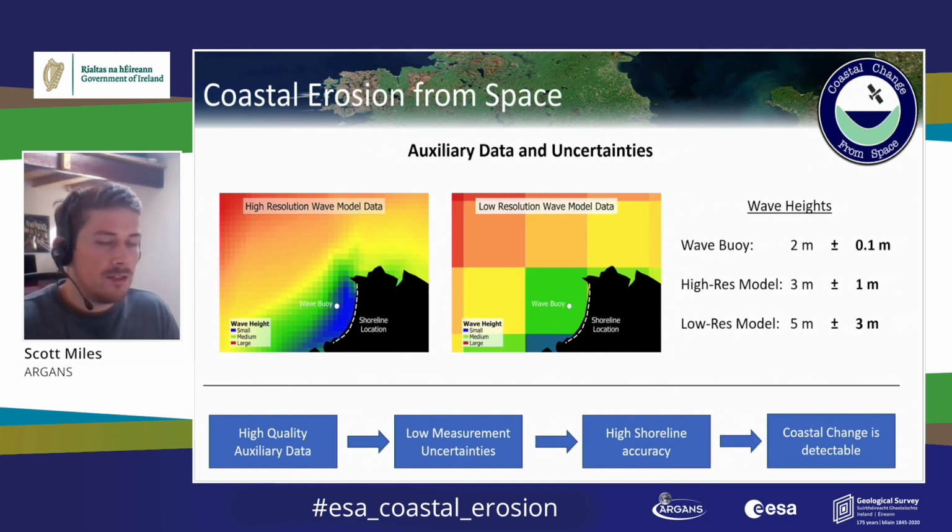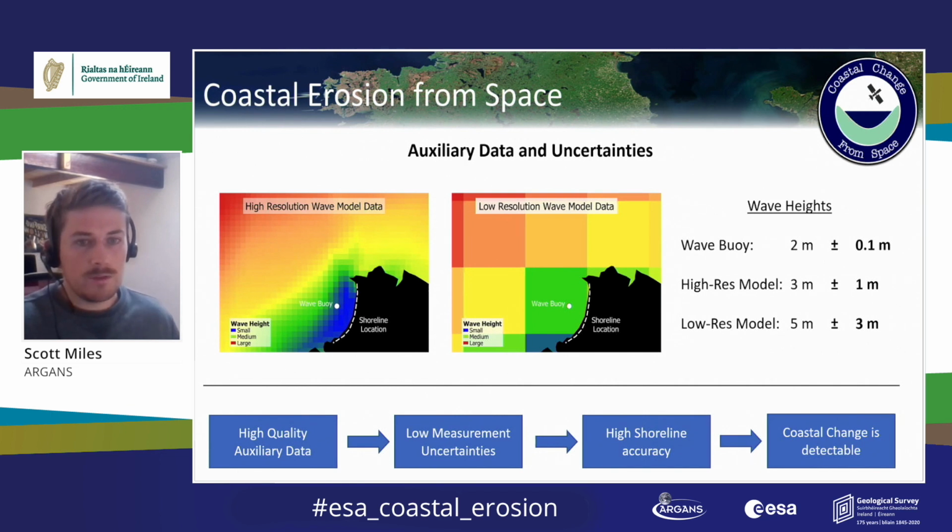Each of the auxiliary data sources we use, the waves, the water level, all have an inherent uncertainty in their measurement. This uncertainty varies depending on the type of data being used. As you can see in the figures above, the measurements and uncertainties can vary massively depending on what type of data you're using.